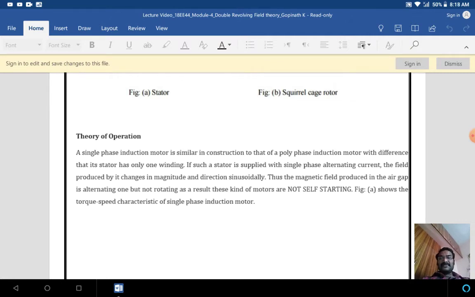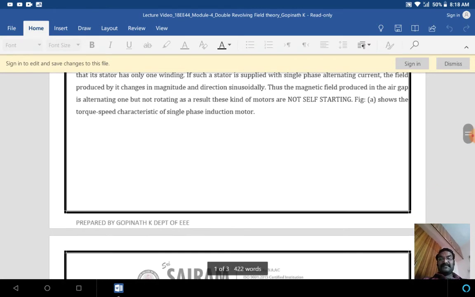The field produced by it changes in magnitude and direction sinusoidally because of the AC supply we give to the motor. Thus, the magnetic field produced in the air gap is alternating but not rotating, and as a result this kind of motor is not self-starting. Here is the torque speed characteristics diagram of a single phase induction motor.